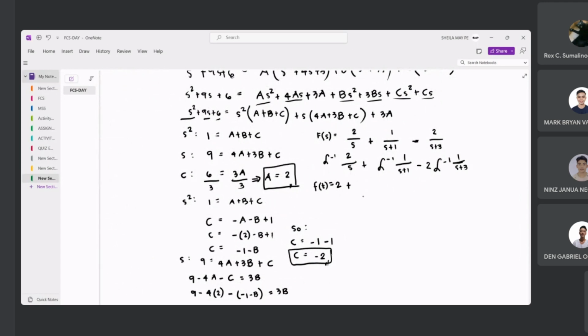So 2 plus e raised to the power of negative t minus 2 e raised to the power of negative 3t, u of t. And that's our answer. You can also use the table for that, ma'am, for the final answer.